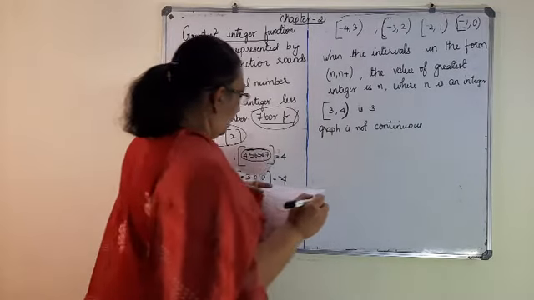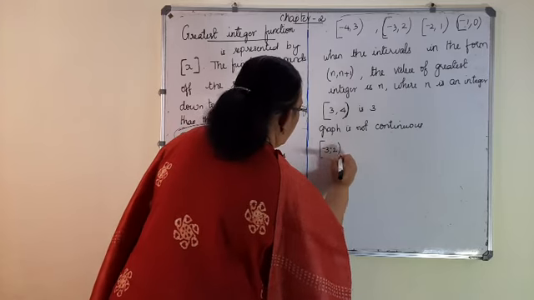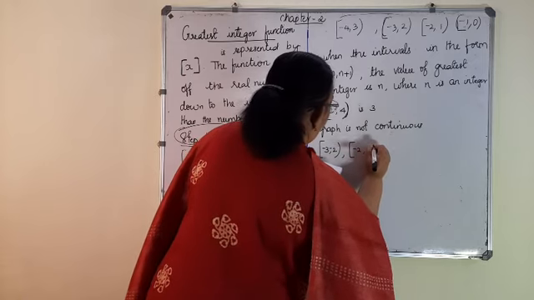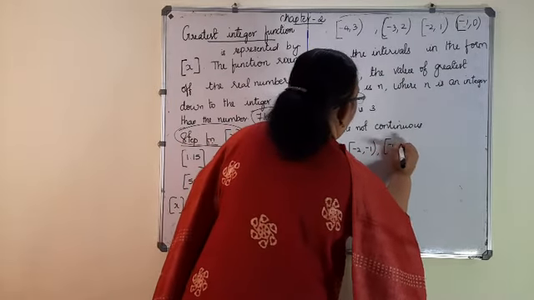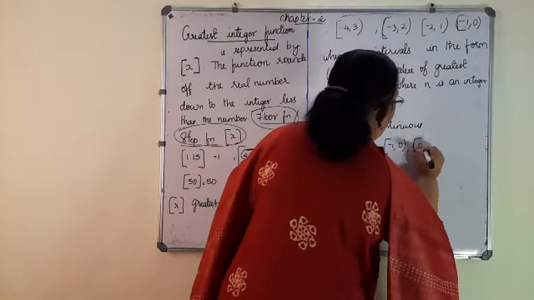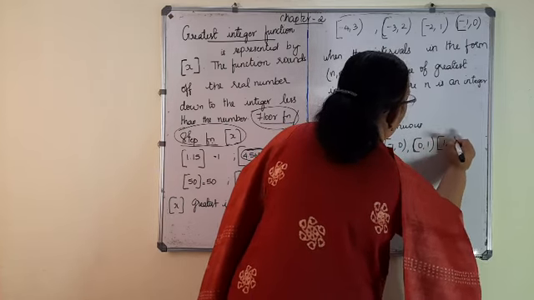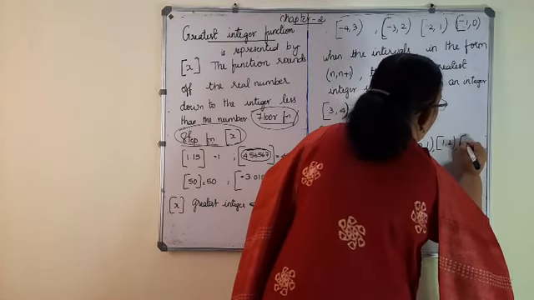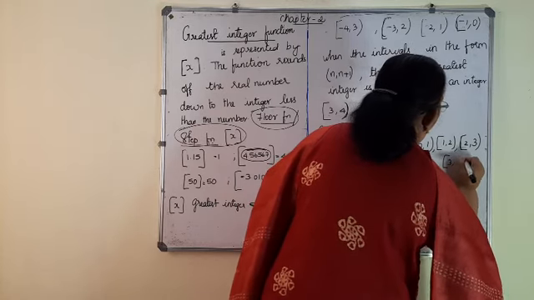Now let us consider the graph. The intervals are -3, -2; -2, -1; -1, 0; 0, 1; 1, 2; 2, 3; 3, 4.